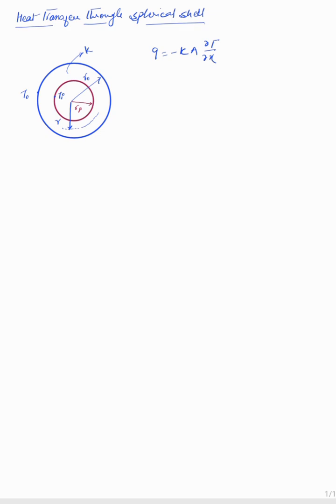So we can write this equation for this spherical shell. This will be Q equals minus K A dT by dr.